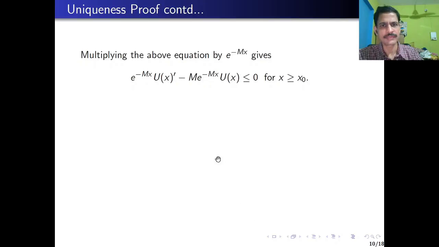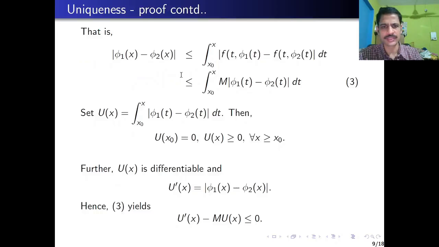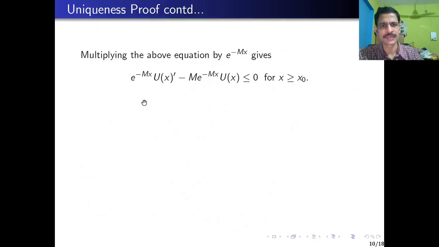We multiply this equation by e raised to minus mx. So we get e raised to minus mx times u dash x minus m e raised to minus mx times ux is less than or equal to 0 for x greater than or equal to 0. Now we can see that this is nothing but the derivative of e raised to minus mx times ux.